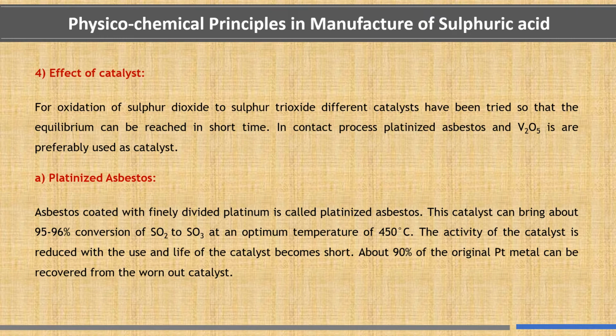This catalyst can bring about 95 to 96% conversion of SO2 to SO3 at an optimum temperature of 450 degrees Celsius. The activity of the catalyst is reduced with use, and the life of the catalyst becomes short. About 90% of the original platinum metal can be recovered from the worn out catalyst.